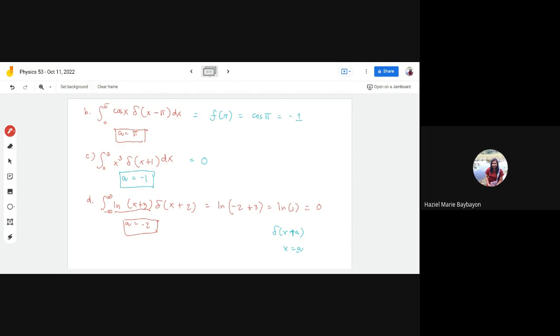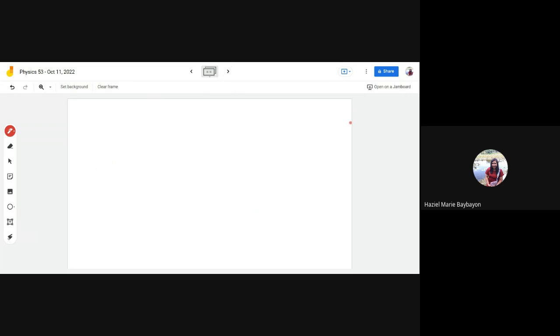Okay, now we have this one here. Take note that you have the integral of f of x times the Dirac delta function, say for example, delta of kx, where k is a constant.